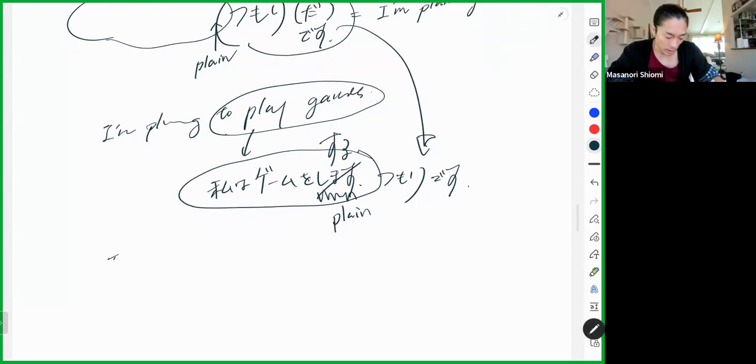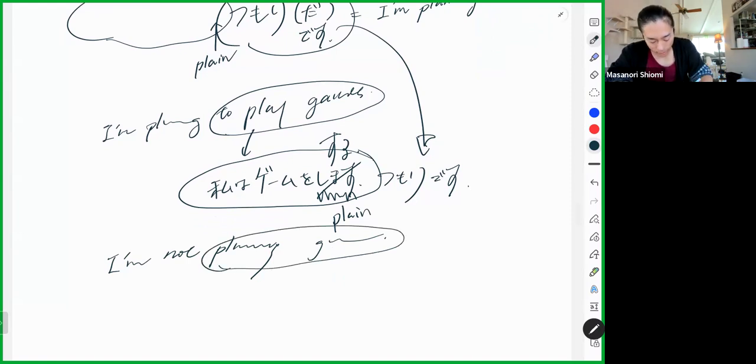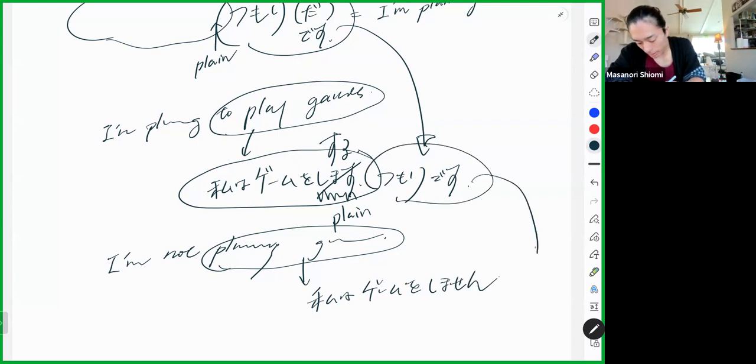What about not planning to play a game? Same thing. How do you say I won't play games or I don't play games? 私はゲームをしません。And again, put the つもりです at the end to give the meaning of I'm planning to.